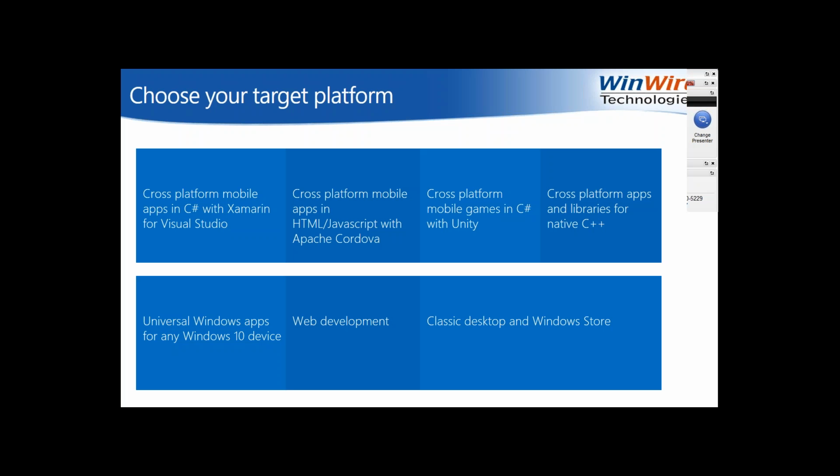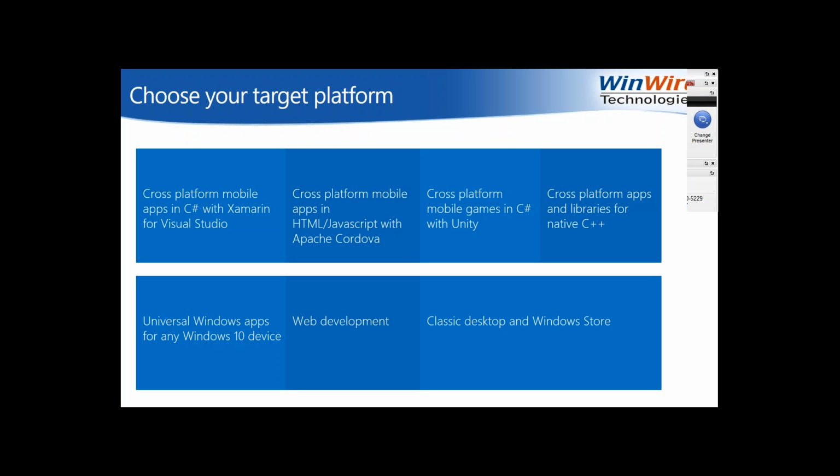And then there are Universal Windows apps. Not sure if you've heard about it, but these are the latest apps that you can use to build Windows 10 applications. Universal Windows apps are apps that work for Windows 10 and Windows 10 IoT Core.